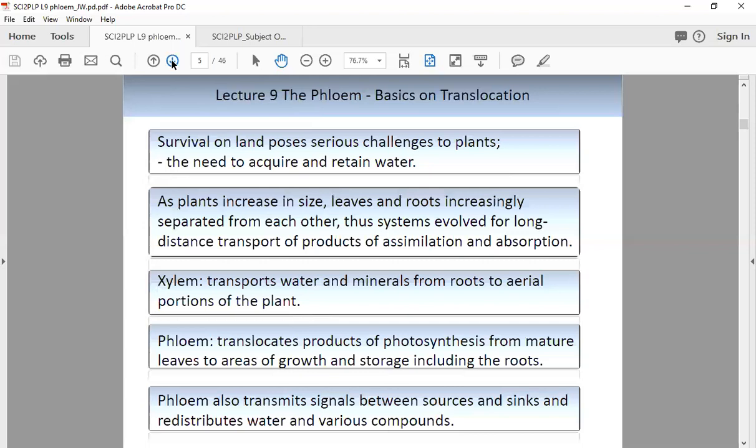So that term photosynthates obviously refers to the carbohydrate products of photosynthesis, and also modified carbohydrates that are synthesized after that. The phloem also transmits signals between sources and sinks, and redistributes water and compounds.